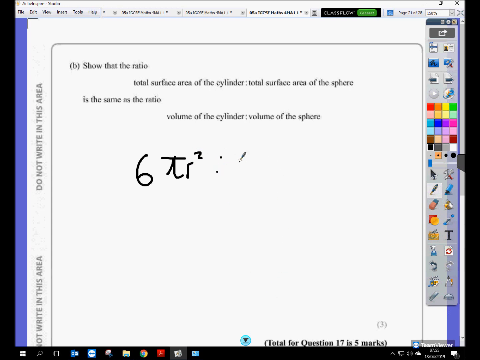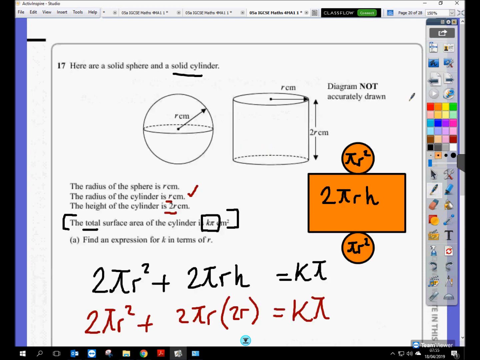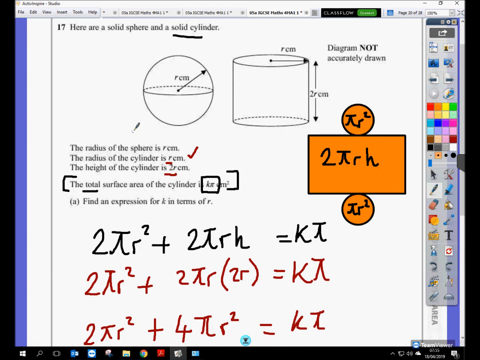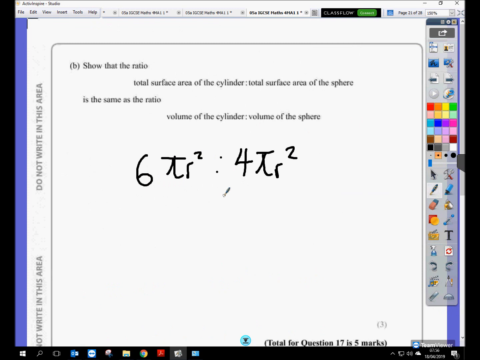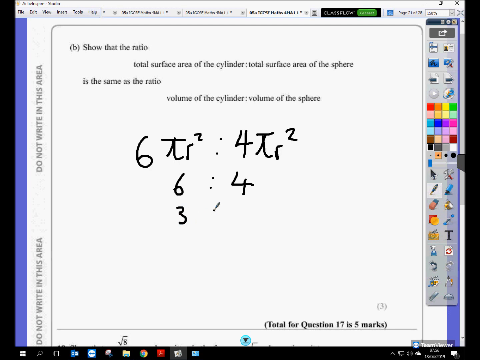From the formula sheet, the total surface area of a sphere is 4 pi r squared. Now just check, is the radius of the sphere r? Yes, it is. So that's okay. We can leave it like this. And if you divide both sides by pi r squared, then it will cancel down to 6 to 4. And this obviously cancels down to 3 to 2.